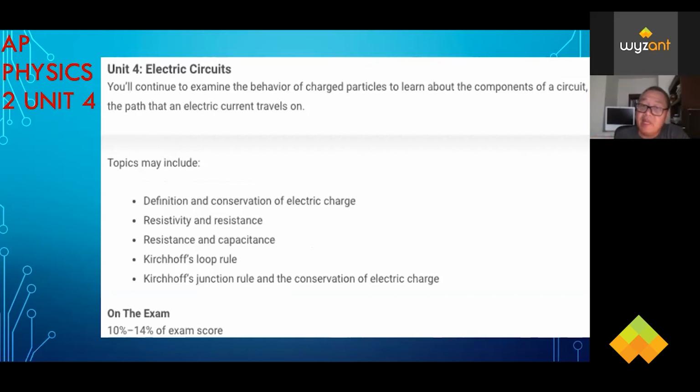The topics may include definition and conservation of electric charge, resistivity and resistance, and capacitance, Kirchhoff's loop rule, Kirchhoff's junction rule, and the conservation of electric charge. This part of the exam covers about 10 to 14% of the exam score, okay?